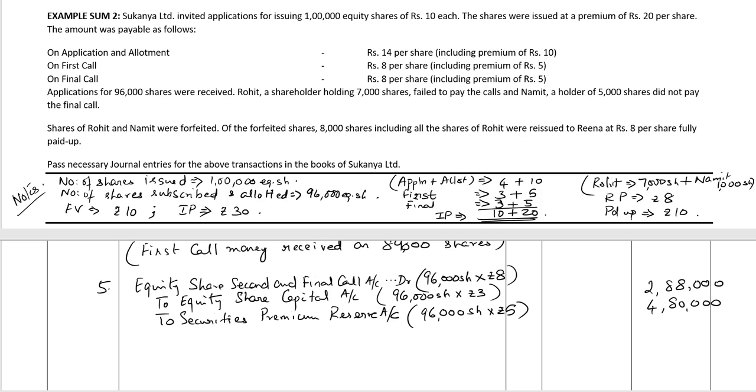And against equity share second and final call, the total amount due is 7,68,000 rupees. Final call money due on 96,000 shares.